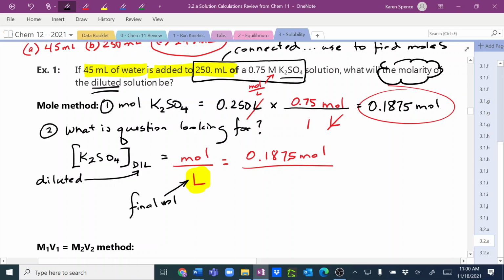And so the final volume is 45 milliliters plus 250, which is 295 milliliters. So down on the bottom, we will write 0.295 liters. And we get 0.636.